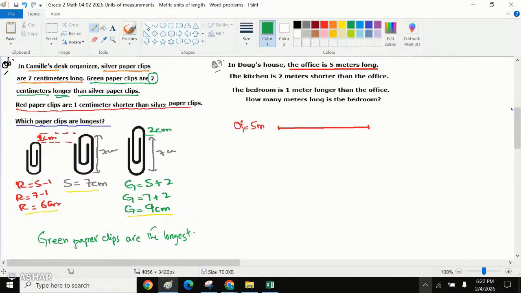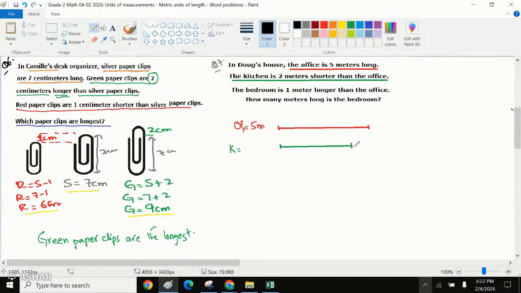The kitchen is 2 meters shorter than the office. That means the difference in the length of the kitchen and the office should be 2 meters, right? So this was the length of the kitchen. Kitchen is 2 meters shorter than the office.